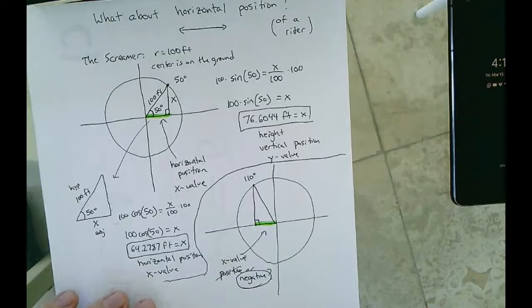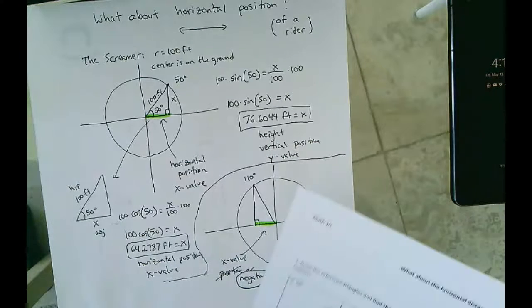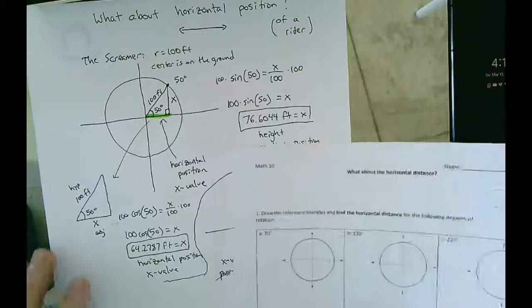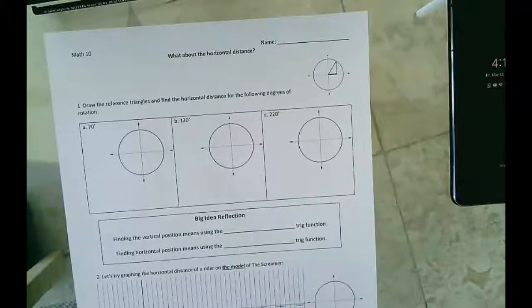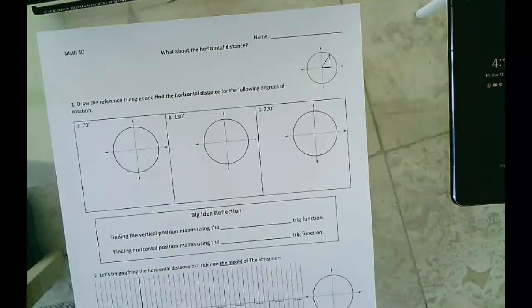Now, what you're going to do right now is look at this document that you either printed out or you're looking at on your screen. This is what is on the Canvas page for today. Your job is to try all of this front page right here. And then after you've tried this entire front page, go to the stage 2 video, and then you can see how you're doing.